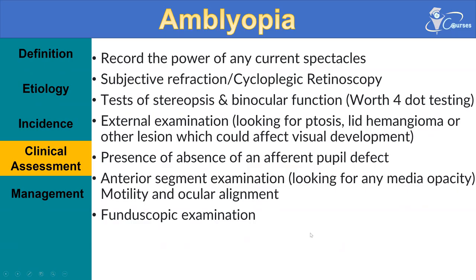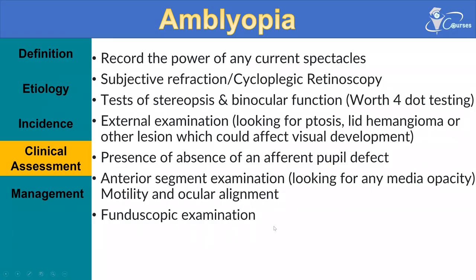Try to look for the cause of the amblyopia, like doing an external examination for ptosis, orbital hemangioma, lid hemangiomas, strawberry nevus, or any other lesion that may obscure the visual axis. Also check for the presence of an afferent pupillary defect to exclude optic nerve or visual pathway insult.